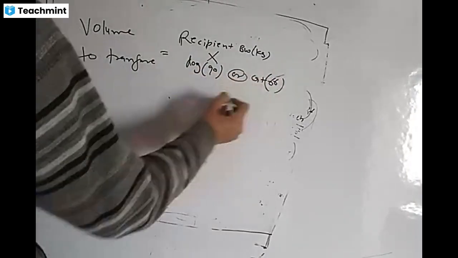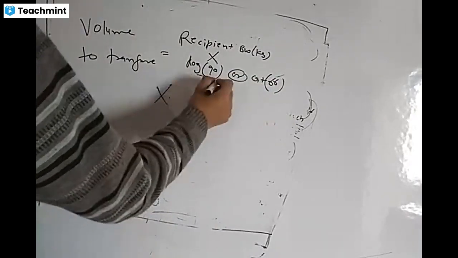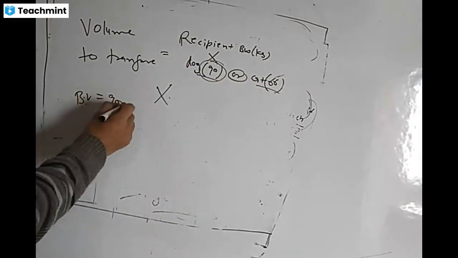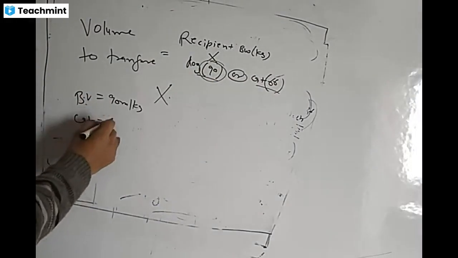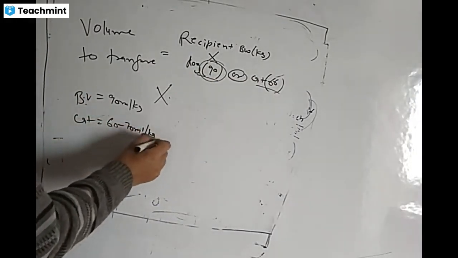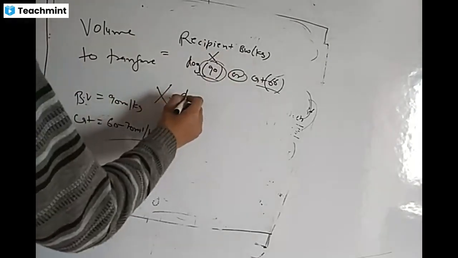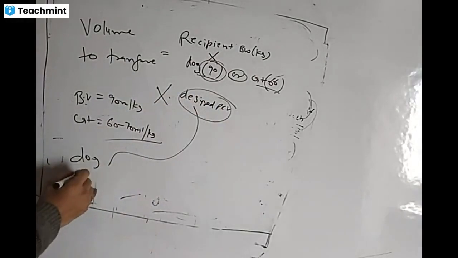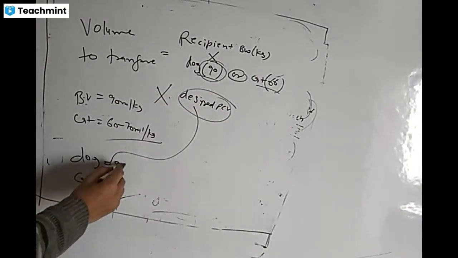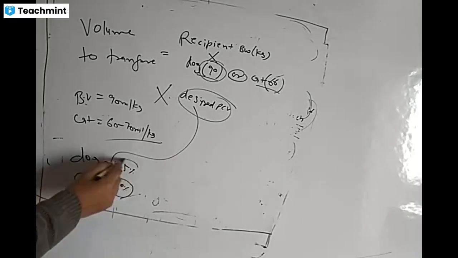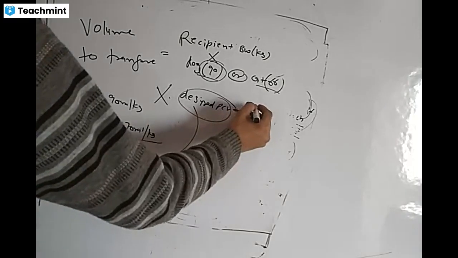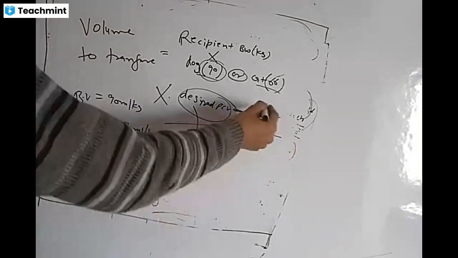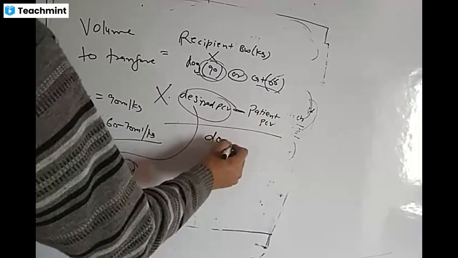This constant is the blood volume: 90 ml per kg in dog and 60 to 70 ml per kg in cat. It is multiplied by the desired PCV, 25% for dog and 20% for cat, minus the patient PCV at the time of transfusion, divided by the donor PCV.